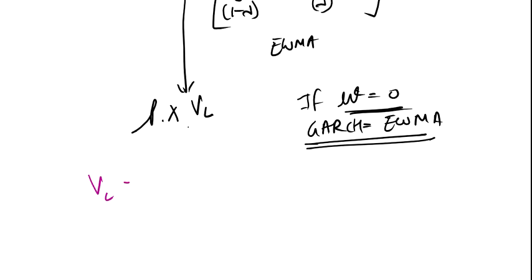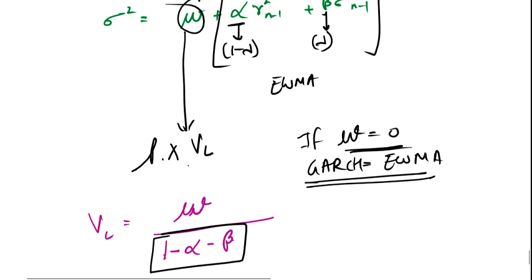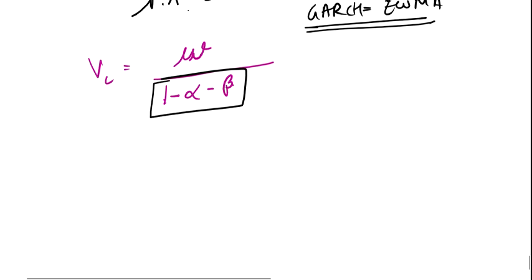Now how to find out VL? If the question asks what the long run average variance is, how will you find it? This will be equal to omega divided by 1 minus alpha minus beta. Now what is this? Try to understand.